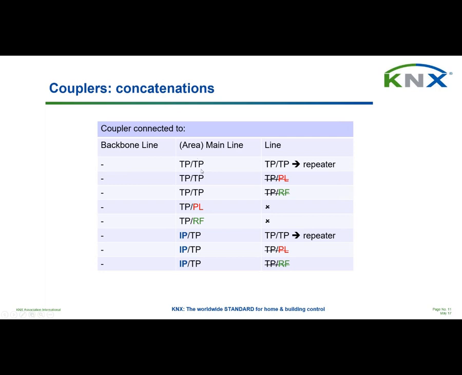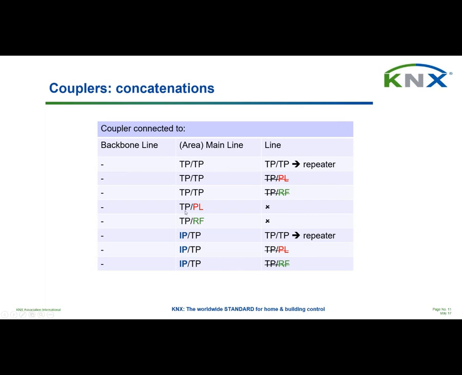So a twisted pair can be combined with only twisted pair, but then as repeater. Also here, you would expect that a twisted pair power line and a twisted pair radio frequency, respectively, would be possible in that case, but that isn't. I mean, electrically, it's all fine, but ETS will not allow it, right?